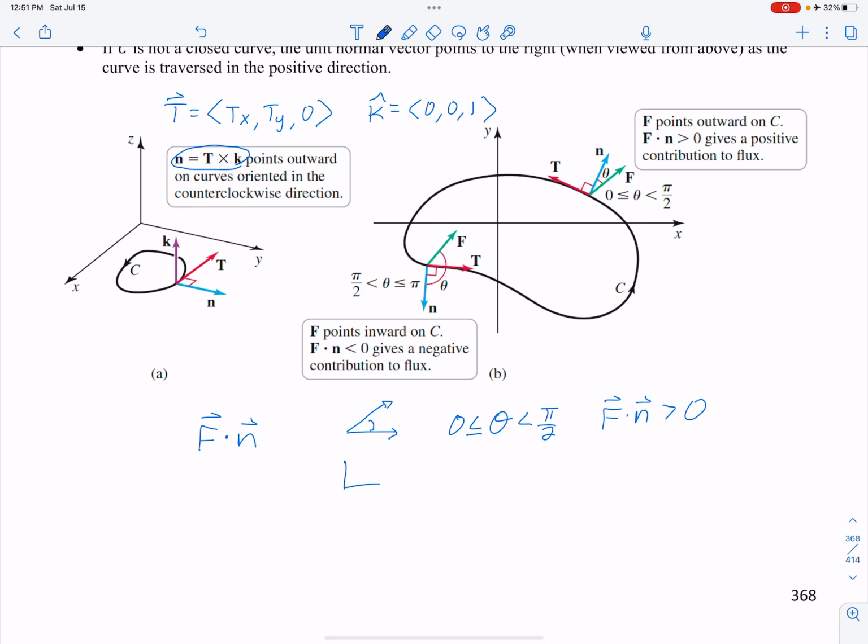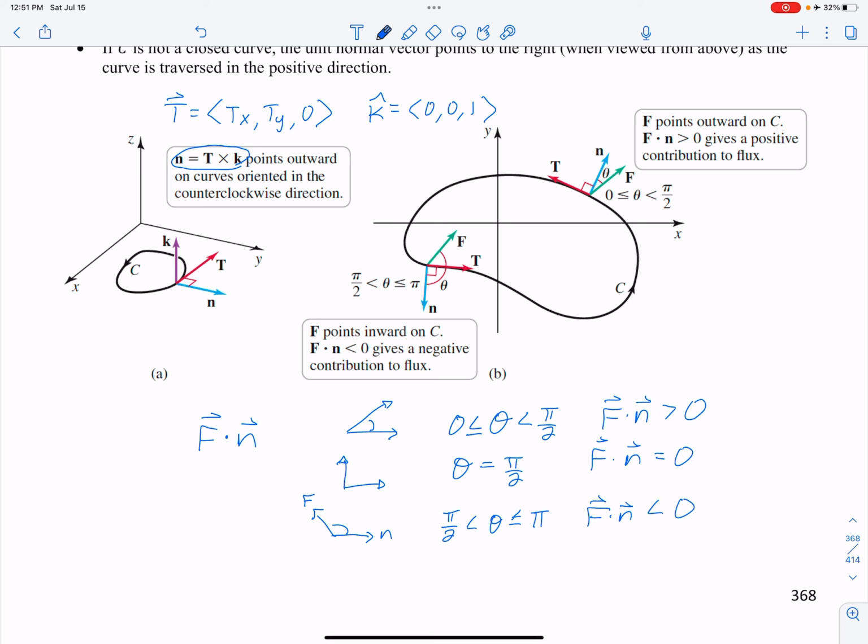If the angle is pi over 2, the dot product is 0. If it's a crosswind like that, it's giving me nothing. And for angles bigger than pi over 2, up to pi, the dot product is negative.